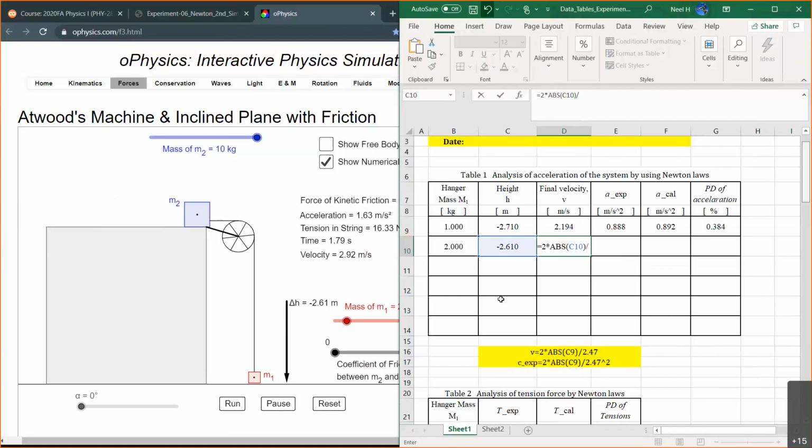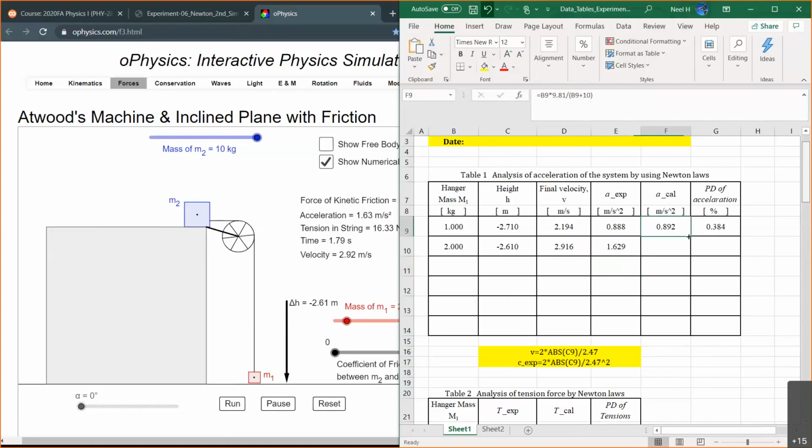It's moving faster now, so it's going to be about 1.79. Now acceleration I can do the same way: equal sign 2 times ABS parentheses C10 divide by time 1.79 and then power 2.